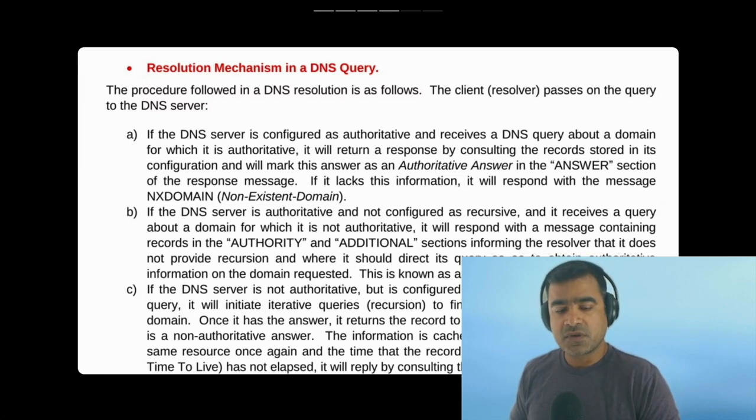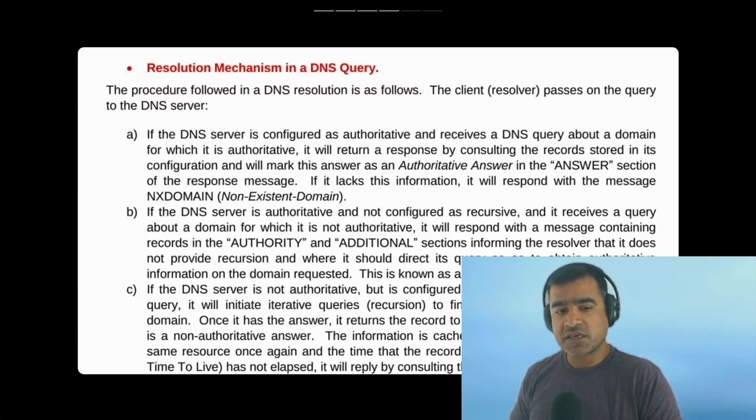If you are queried for something for which you are not authoritative and at the same time you don't have the privilege to do a recursive query, then what is the best you can do? You can just return the information on who the original query should go to in the additional section, and that becomes a referral response.